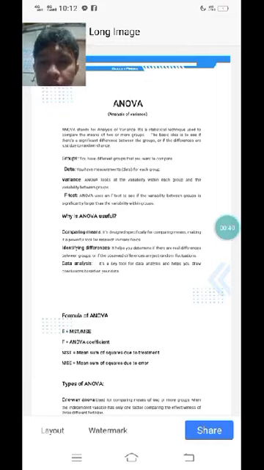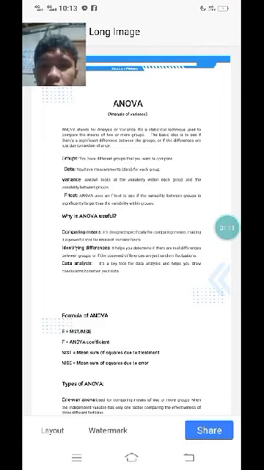a scale of 1 to 5. Group: you have different groups that you want to compare. My example, sir, is you might have three groups of students each receiving a different type of instruction. Variance: ANOVA looks at the variability within each group and the variability between groups.